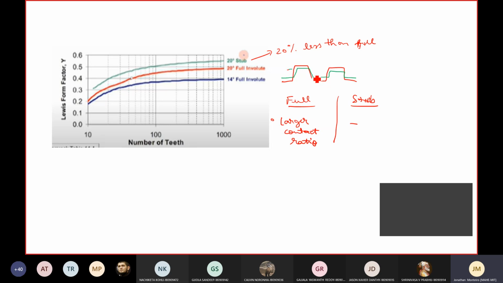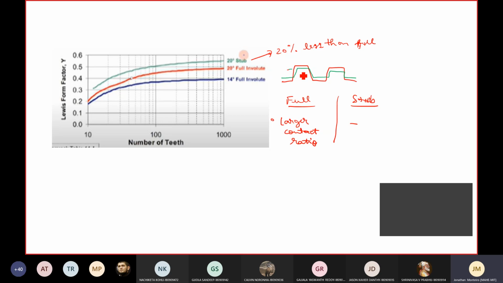Some specific applications use it, but usually we don't go for this stuff. Wherever there is a material requirement, or you want to make the gear lighter, where it is an absolute emergency requirement, then we go for stub teeth.